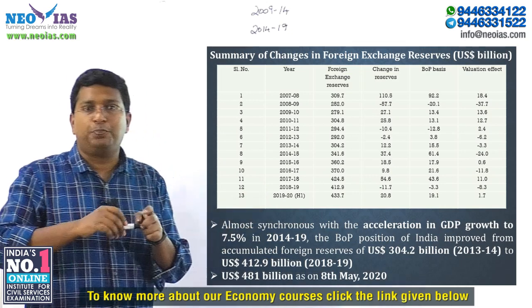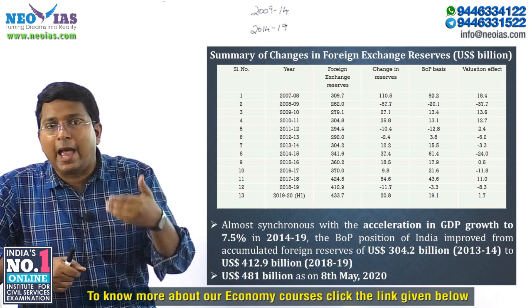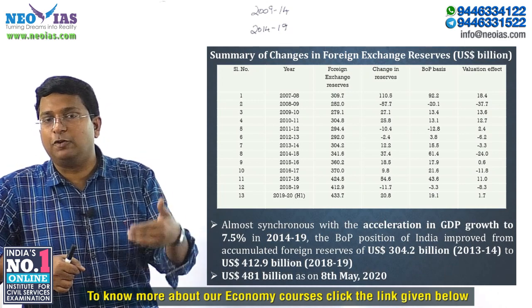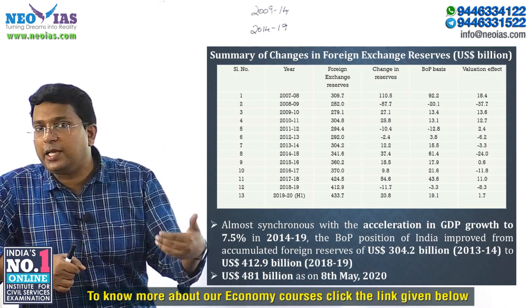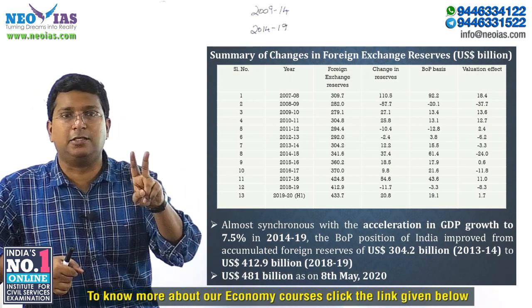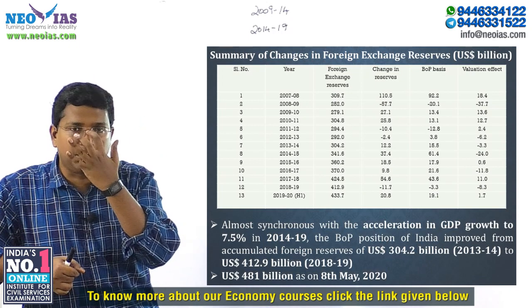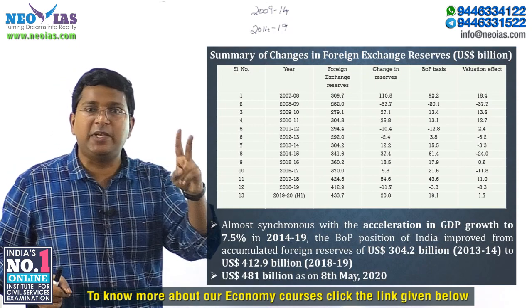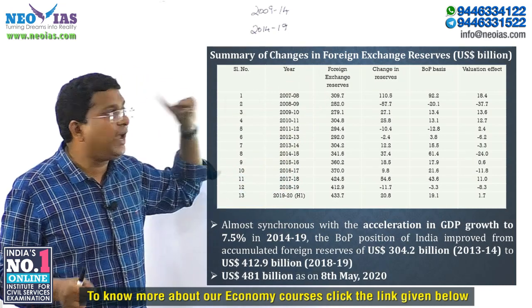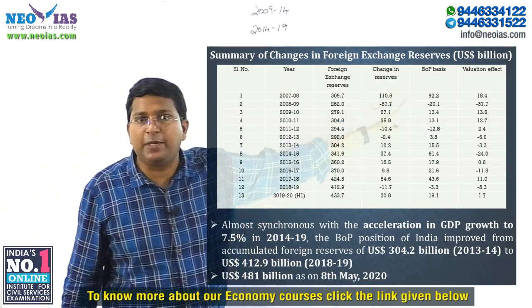Okay, so they will ask you a question. What is the reason for the decline in foreign exchange reserves in 2018? There are 2 reasons. Okay, the movement of foreign exchange reserves depends on 2 factors. Economic survey clearly explained what the 2 factors are. One is BOP basis, which I already explained.